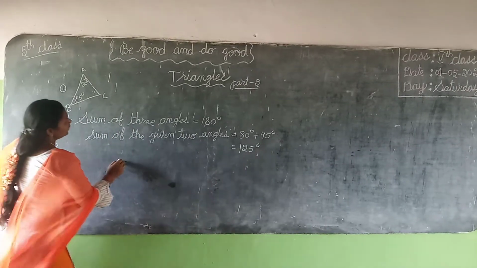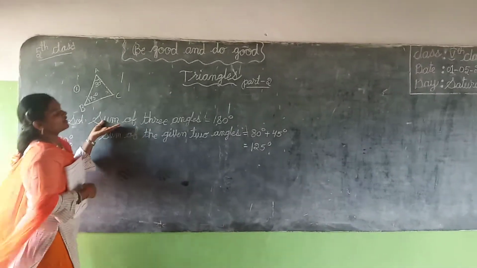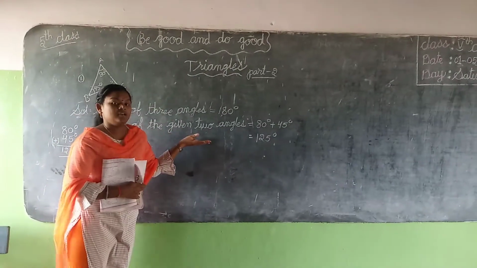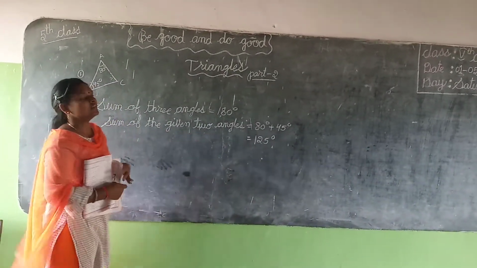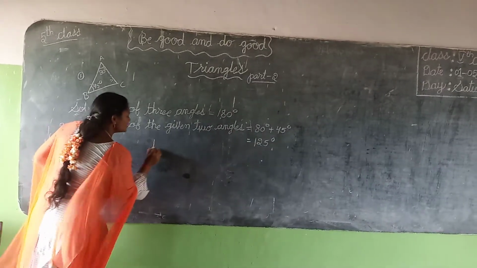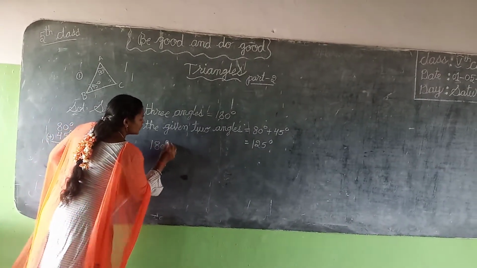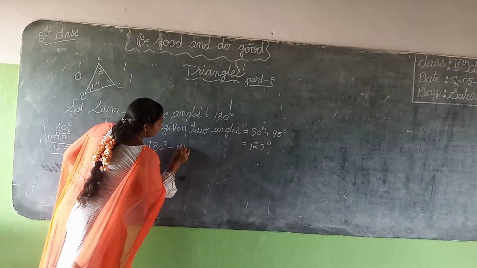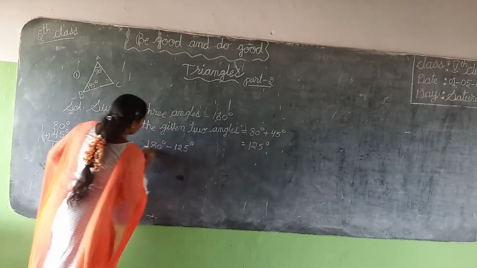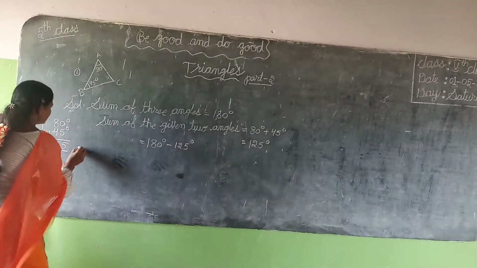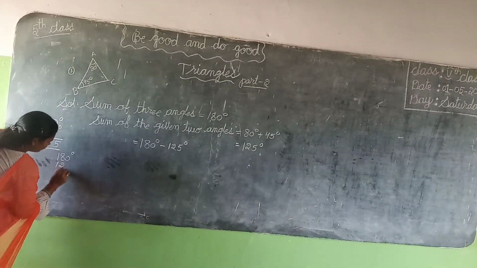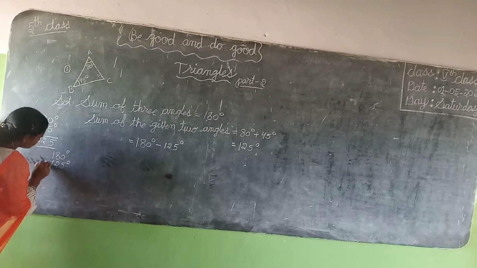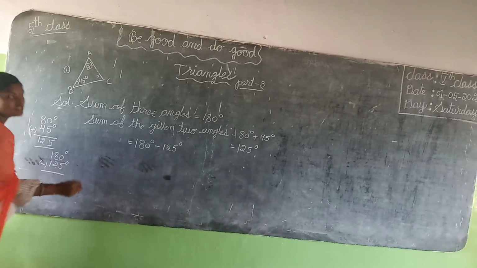What is that formula? The third angle is equal to the sum of the three angles minus the given two angles. Okay? So that means 180 degrees minus 125 degrees. Subtract these two. Is 0 minus 5 possible?